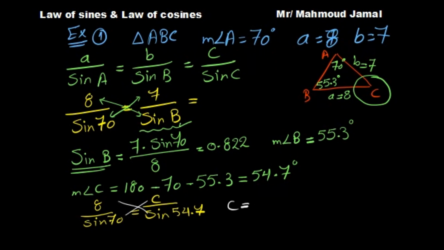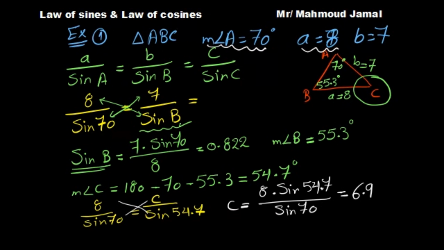C equals, the denominator has to be sine 70, and 8 multiplied by sine 54.7, which equals, by using the calculator, 9.6. By using three given elements, I can find out the other three elements.